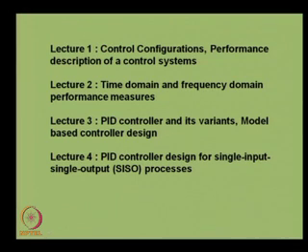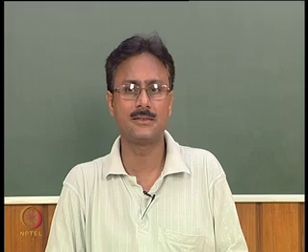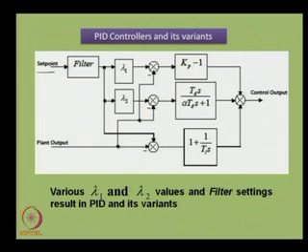Now, what are PID controllers? To know that, let us see one simple block diagram. A controller is subjected to error input, which is made up of the difference between the reference input and the measured output of a system. So, the set point shown over here is nothing but the reference input, and the plant output shown over here is the measured output.